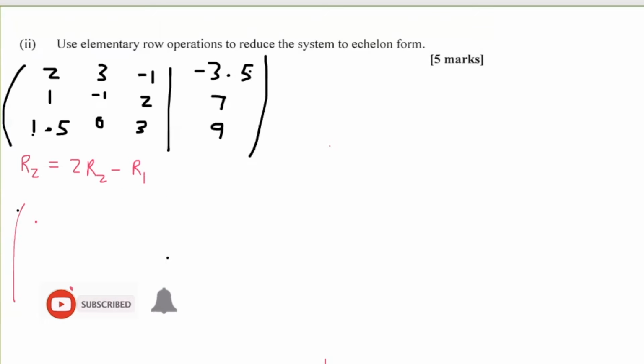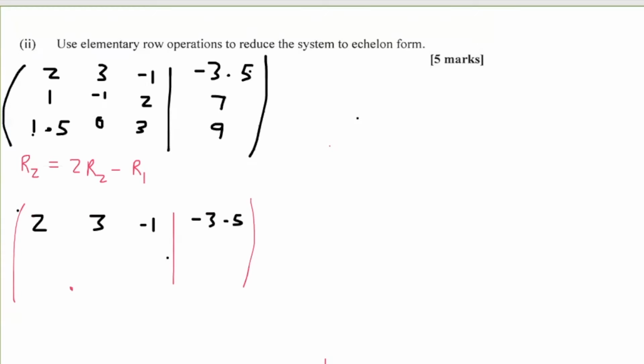So multiplying row 2 by 2, I am going to do it at the side. But first, let me go ahead and write my row 1: 2, 3, minus 1, and minus 3.5. So the operation for my new row 2, multiplying row 2 by 2. So here, 2 times 1, that's going to give me 2.